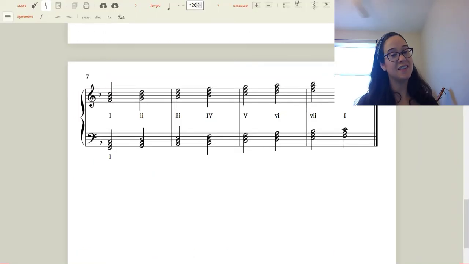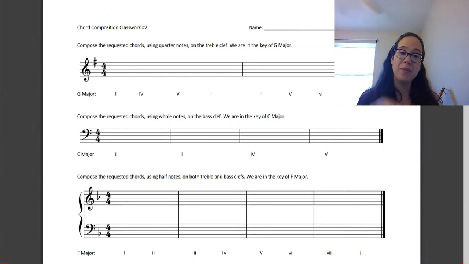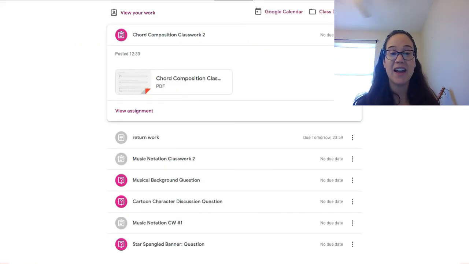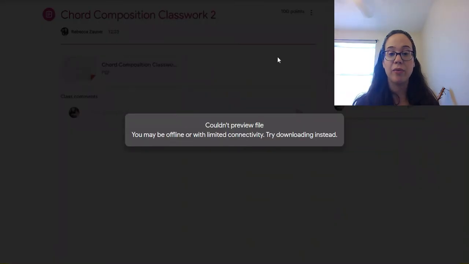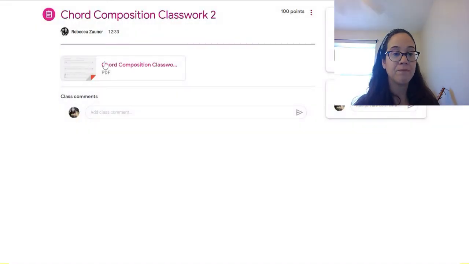You need these answers onto your paper, and you're going to want to submit them as an attachment, as a photo. So here's the fake classroom that I've made. It's a different color, but if you go in to your classwork tab and you view chord composition classwork 2, view that assignment. Here's the paper that you'd want to print. Oh, I have to download it. Okay.